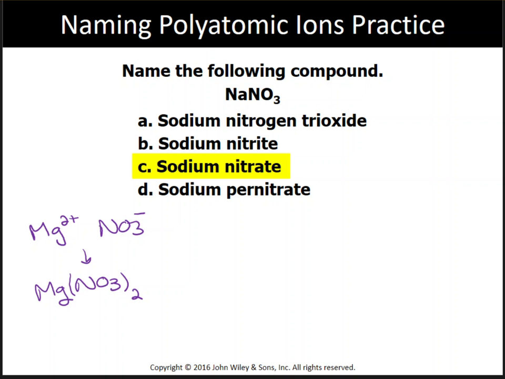Let's look at another example. Let's write the formula of a compound that's composed of barium and phosphate.